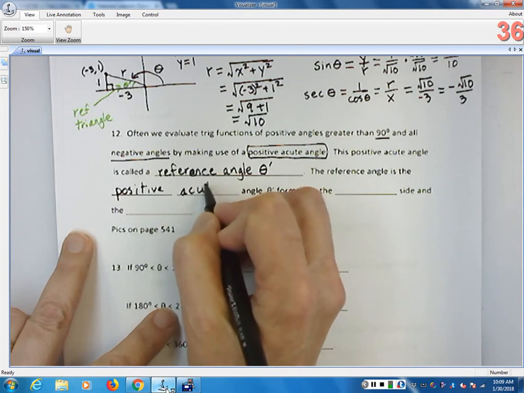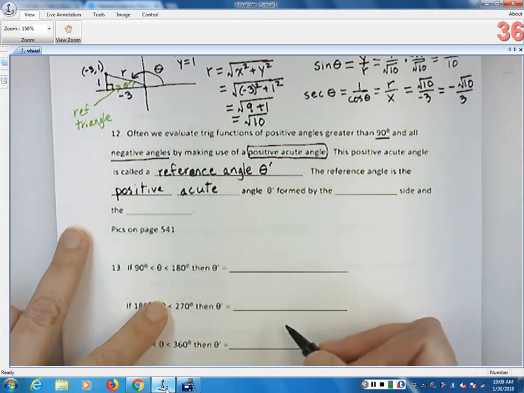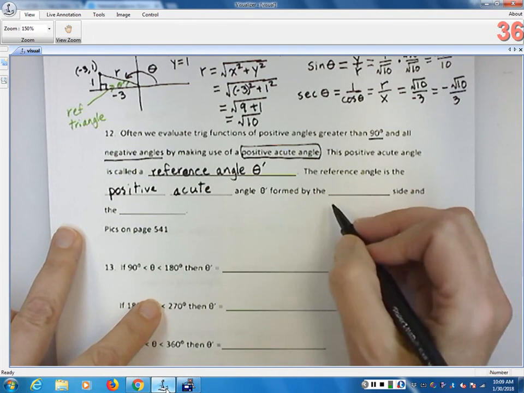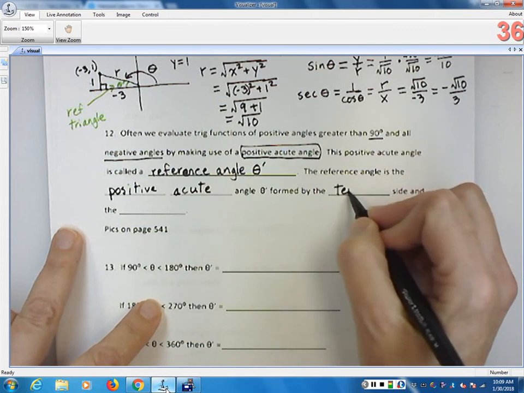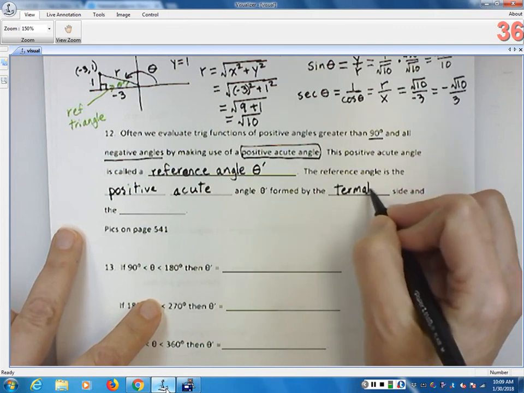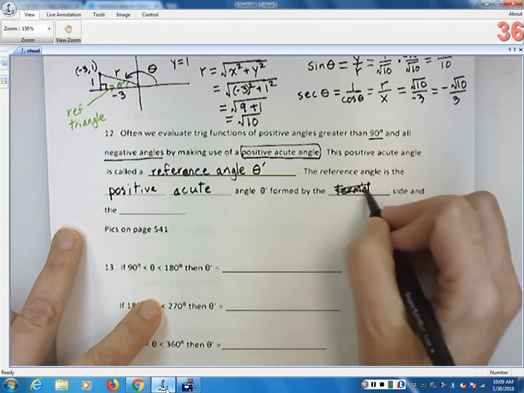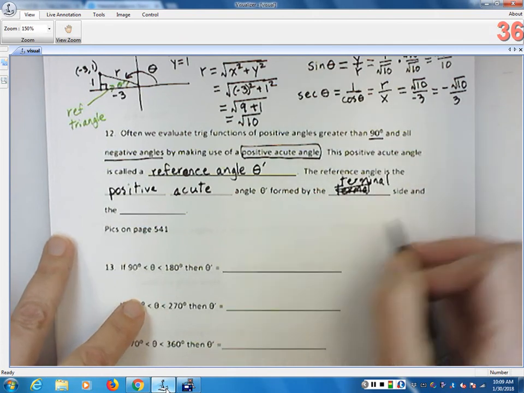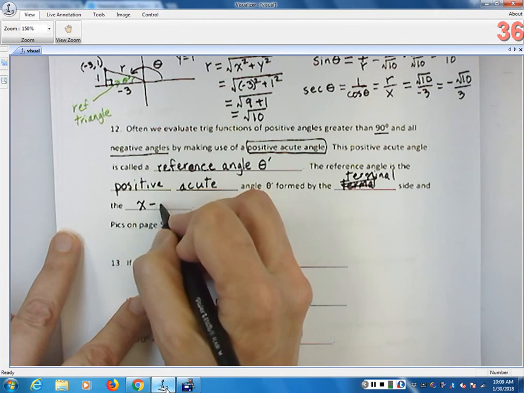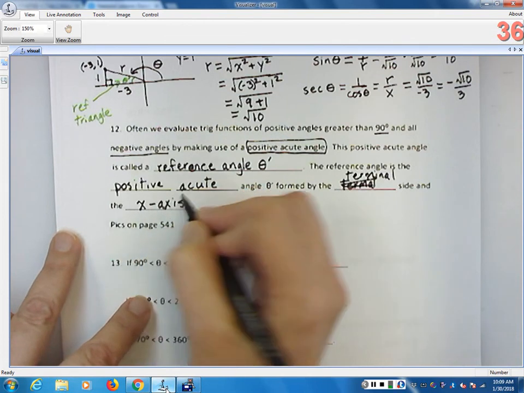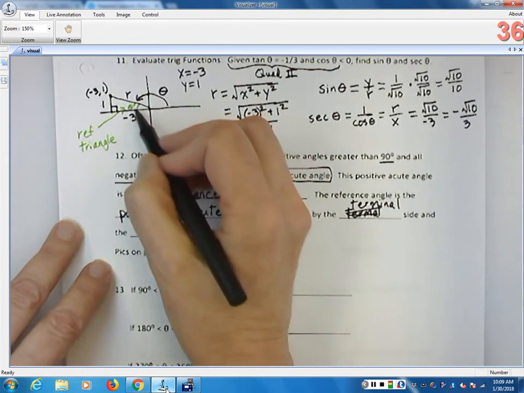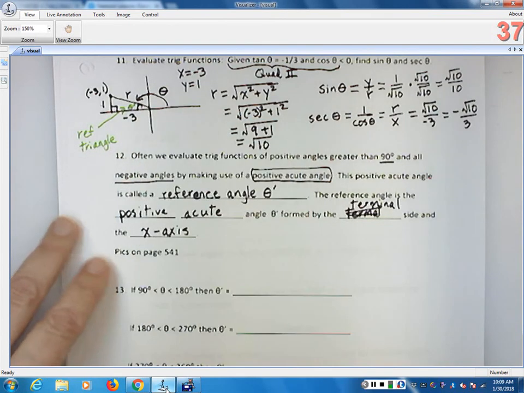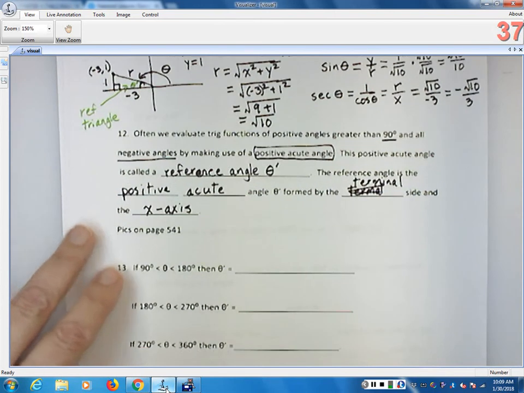Remember, an acute angle is between 0 and 90 degrees. It doesn't have to be the positive x-axis here. This would have been our reference angle right here, that little one right there, theta prime.